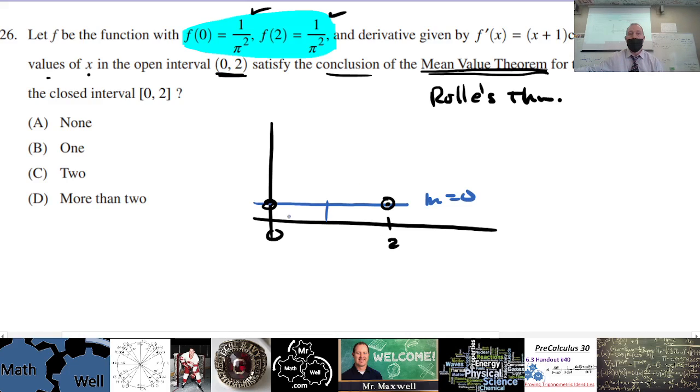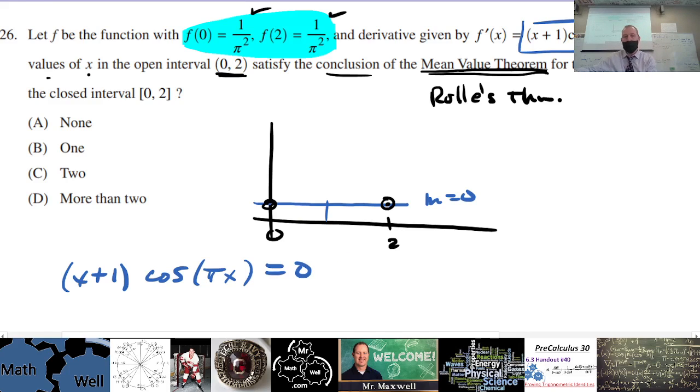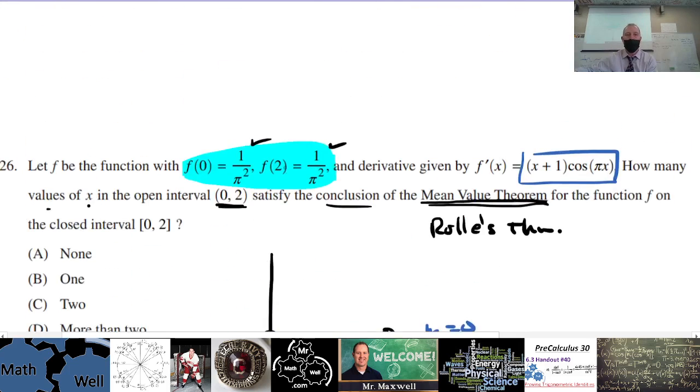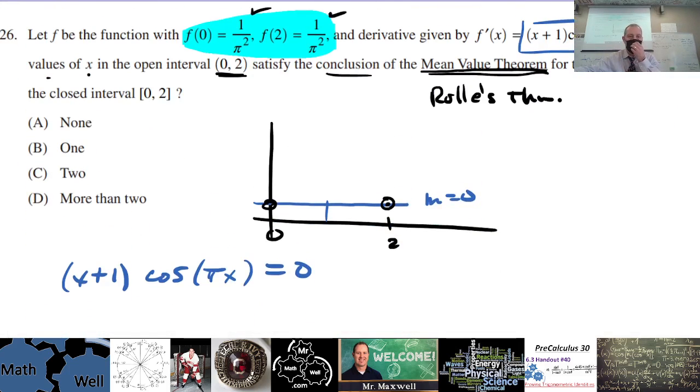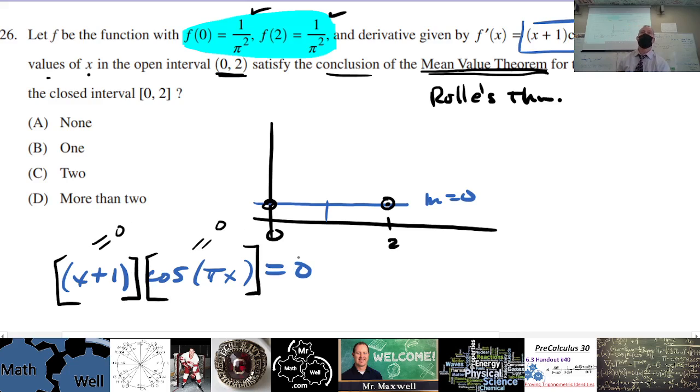What we do know, though, is we're trying to find an x value that makes this derivative equal to 0. So cos(pi x) equals 0. Are there x values? Remember what we do with this kind of thing. We take each factor individually, and because of the zero product principle, if this was equal to 0 or this was equal to 0, then we would have a true statement.